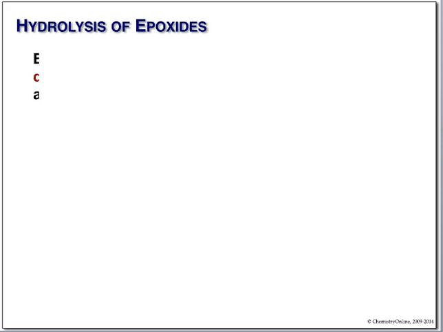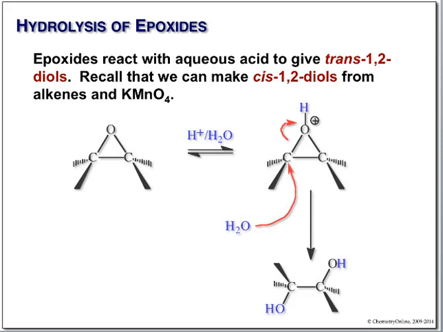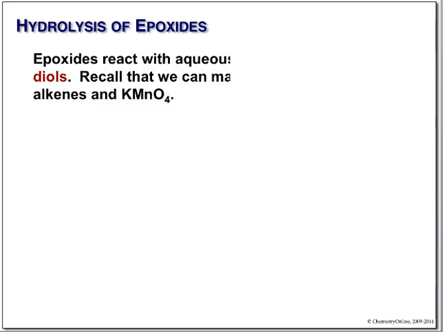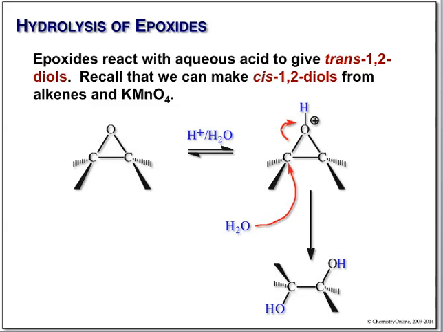Well, it turns out that epoxides react with aqueous acid to form trans 1,2 diols. So, if you go back to here, if you wanted to make a trans 1,2 diol on this, you would first make the epoxide, and secondly, dump it into acid.